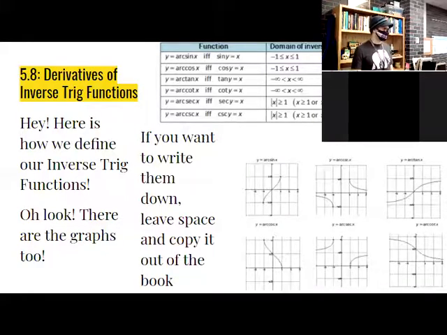By the way, when we do inverse functions, we're going to use arc cosine, arc sine, arc tangent, arc cotangent, arc secant, and arc cosecant. So you're going to see both that arc notation and the inverse notation, like sine inverse with the -1. You will see both of those. As I mentioned in pre-calc, they aren't different. They're just different ways to write it.